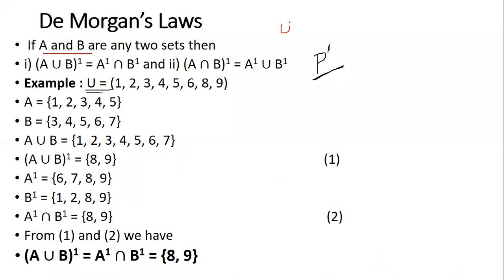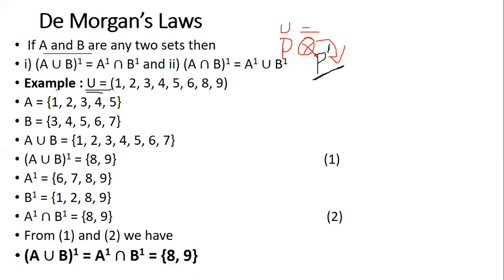Let's say there is a universal set and there is set P. P complement is whatever is not there in P. Similarly, A complement is whatever is not present in A, and the same with B complement.